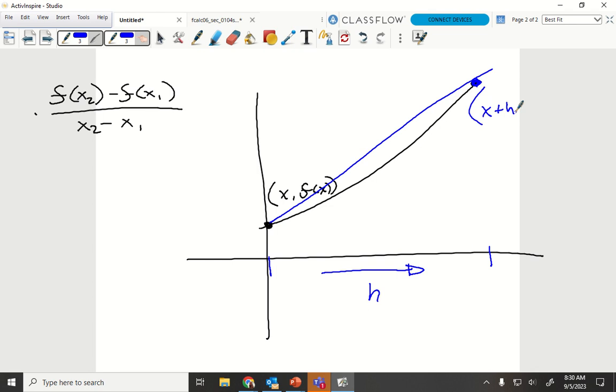Whatever x is, I'm just adding the distance. So if my x value here is x plus h, what do you think my y value is going to be? f of x plus h.